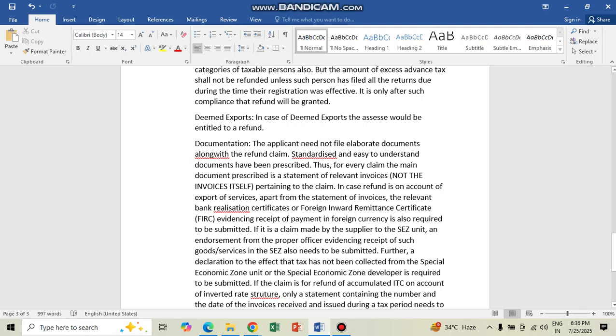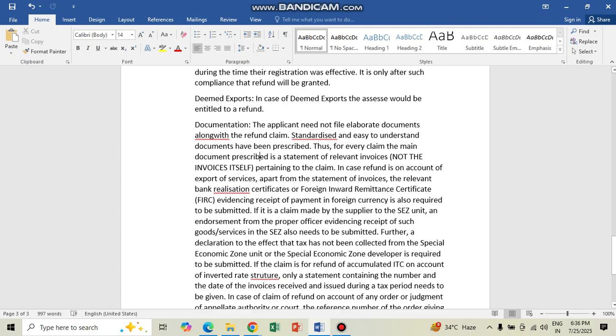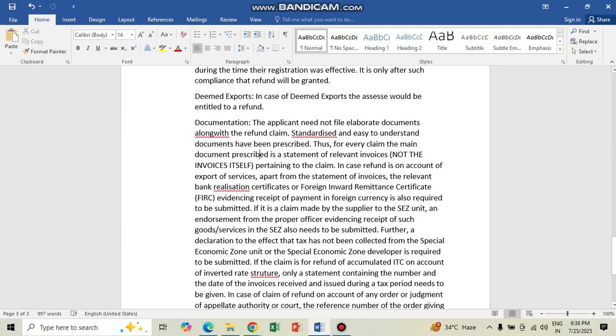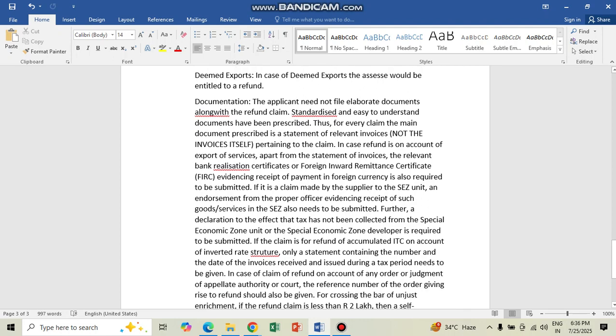If the claim is for refund of accumulated ITC on account of inverted duty structure, only a statement containing the number and the date of invoices received and issued during the tax period needs to be given. In case of claim of refund on account of any order or judgment of appellate authority or court, the reference number of the order giving rise to refund should be given.